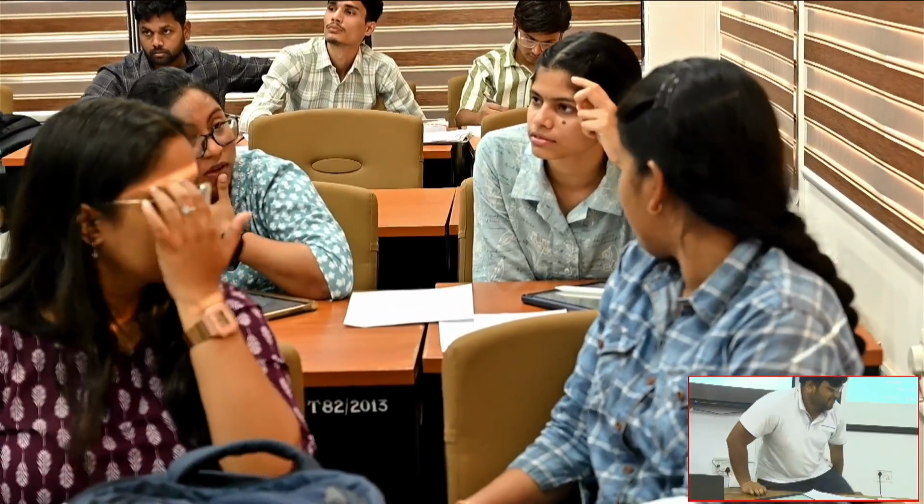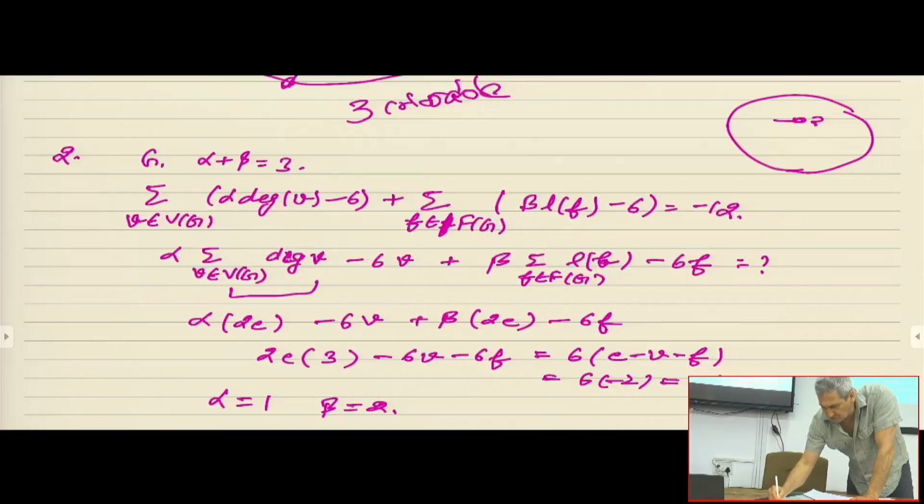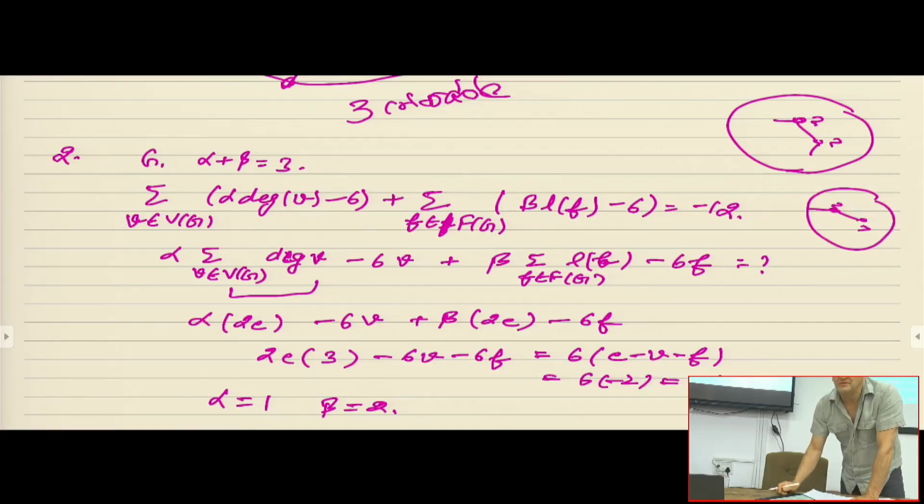It means in the graph, you may have a vertex of degree 2 and a vertex of degree 2. Two vertices may be adjacent. So you may have a vertex of degree 1 adjacent to a vertex of degree 2. These are 2 vertices which are degree 2 minus, yes?